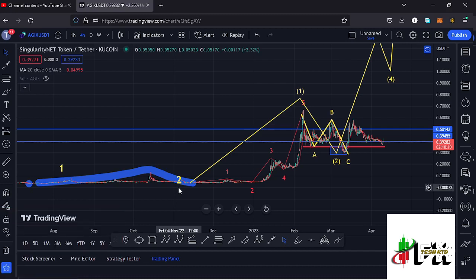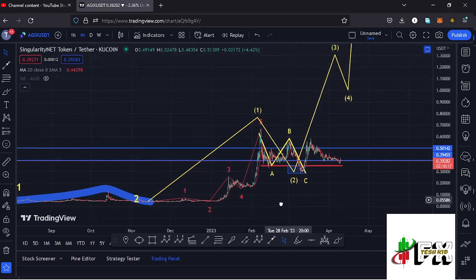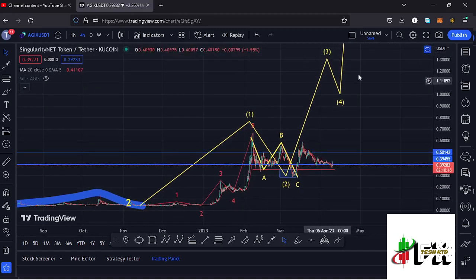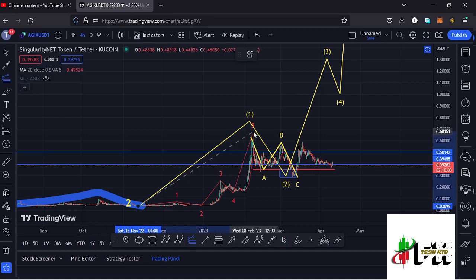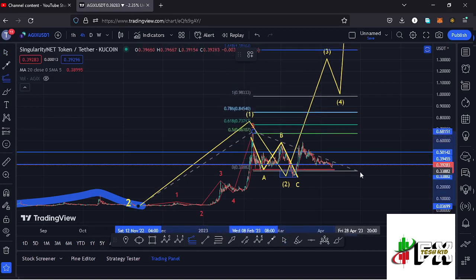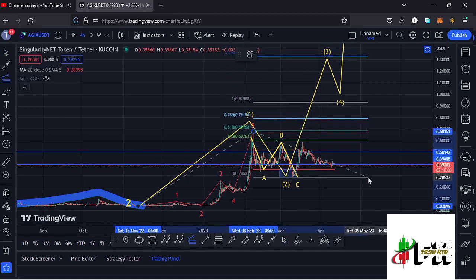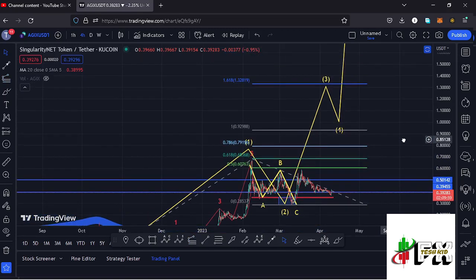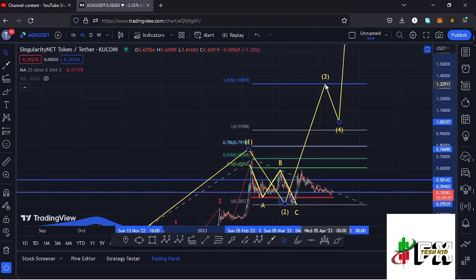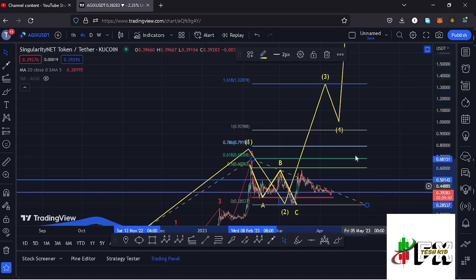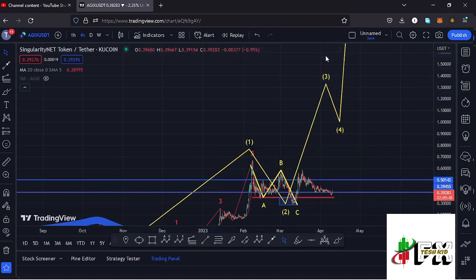Allow me to first give you a target area to the upper side in the formation of this wave 3 by connecting the trend-based Fibonacci from the low of the first wave to the high of that wave 1, then dragging the fibs to the low of the second wave. That now gives me a target area in the formation of the wave 3 at the fib level 1.618, and that is at around the $1.32819 mark, and that is the minimum that I'm expecting AGIX to do here on the long-term scenarios.